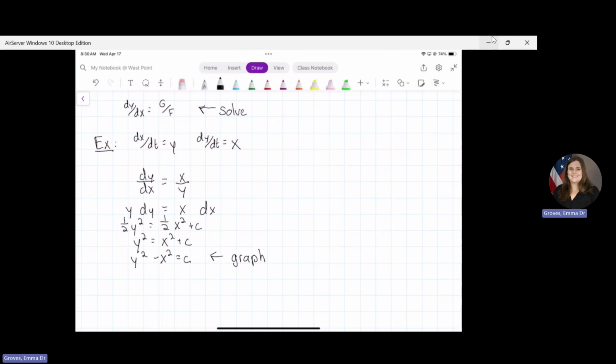So x plus 2 times x minus 1 equals 0. So x is -2 or +1. And then what y values go with these points? That would be -2 and +1. Great. Okay. Thank you.